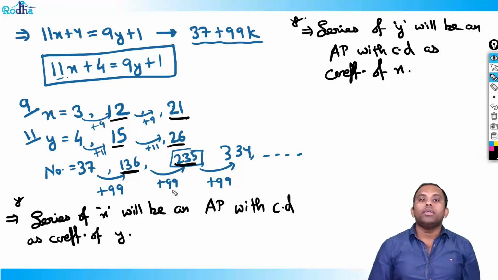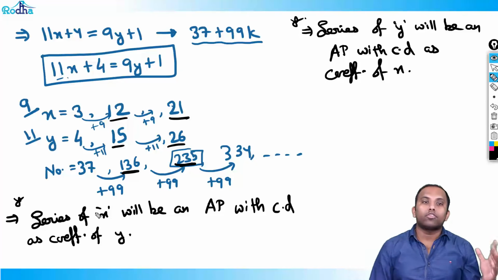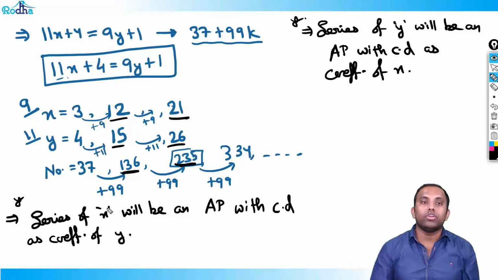So very important point in a two variable equation. If the series is like this, right? x will increase with coefficient of y as the common difference in an AP, and y will increase with coefficient of x as the common difference in an AP. Values of y will be in AP with common difference as coefficient of x.